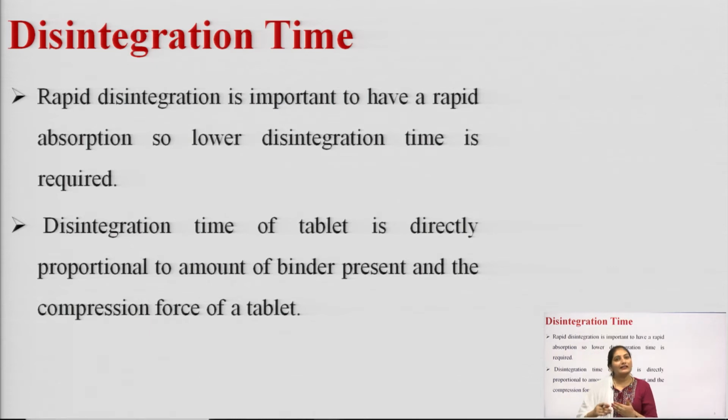After that it will get dissolved, and in another step it will get partitioned across the biological membrane. So the prerequisite, or the important parameter, is disintegration. Rapid disintegration is very important for rapid absorption, so a lower disintegration time is required for faster absorption.